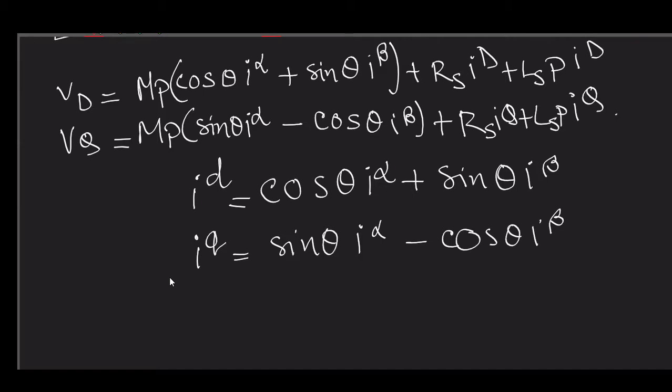So what we need is whether this transformation is homeomorphic or not. What is a homeomorphic transformation? If we transform from one platform, whether the reverse transformation exists or not. Like given a value of ID IQ, can we uniquely determine I beta and I alpha?